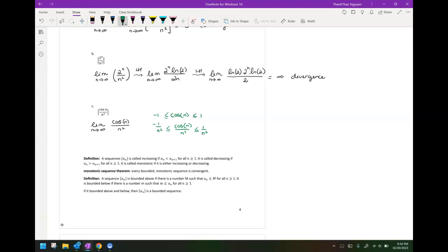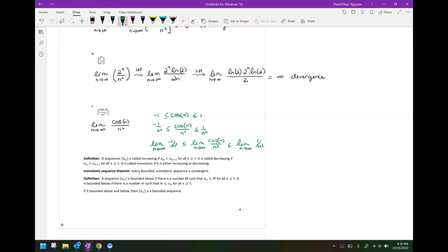This means by the squeeze theorem, the limit as n approaches infinity of -1 over n squared is less than or equal to the limit as n approaches infinity of cosine of n divided by n squared, and less than or equal to the limit as n approaches infinity of 1 over n squared.